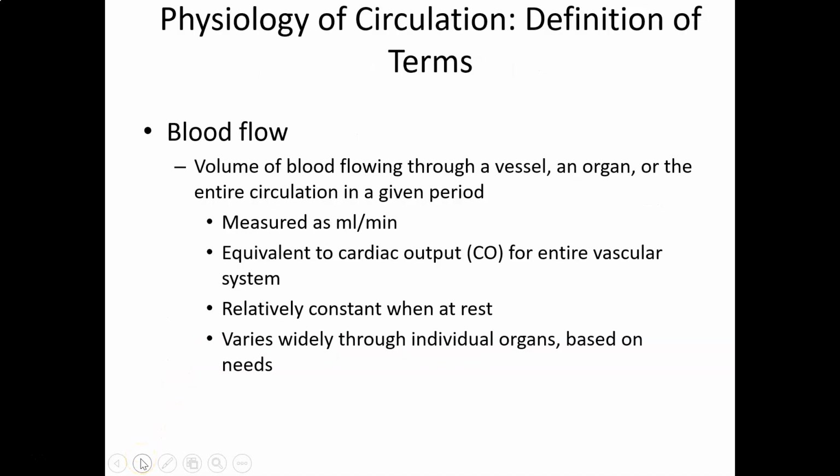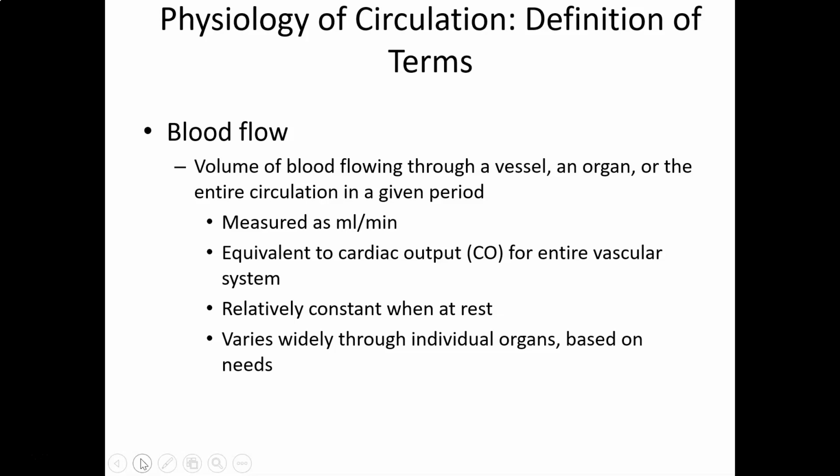All right, so now some more. Blood flow. The term blood flow means the amount of blood that's going through a vessel, an organ, or even the whole body in a period of time. Milliliters per minute. Talking about the whole system, that's cardiac output, or how much blood the heart's pumping out.